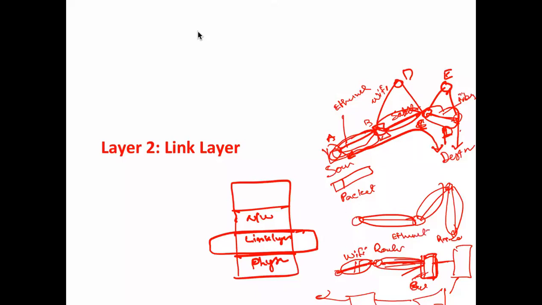But this is another link, and from that router to the city router, this can be another link, which is again maybe fiber, and so on. And somewhere or other, if fiber is not available, it can go over satellite. Then that is a link.